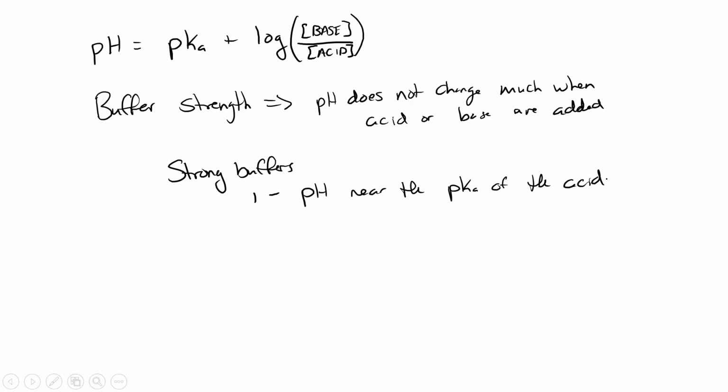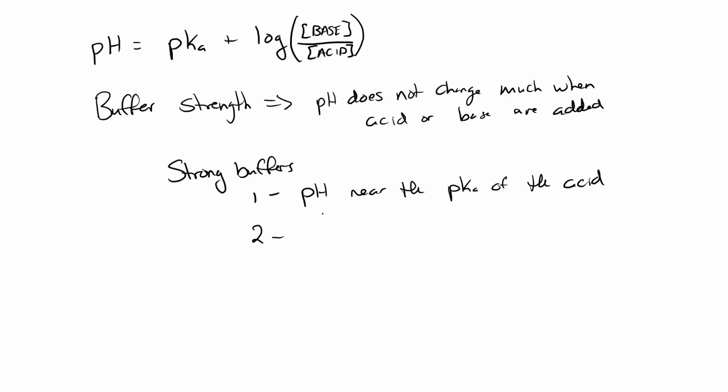Right? So if you want a buffer that is pH 5, you want to choose an acid that has a pKa around 5, because the closer your pH and pKa are to each other, the more your concentrations of base and acid are going to be about equal.